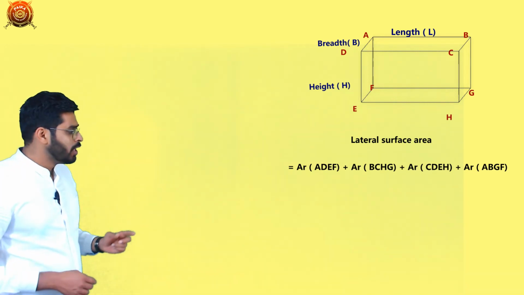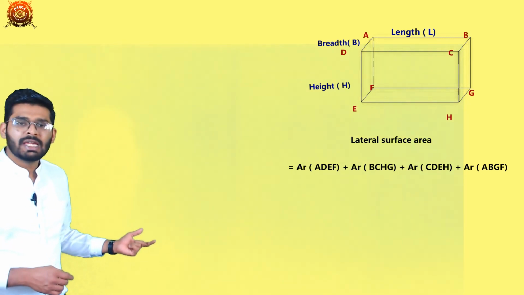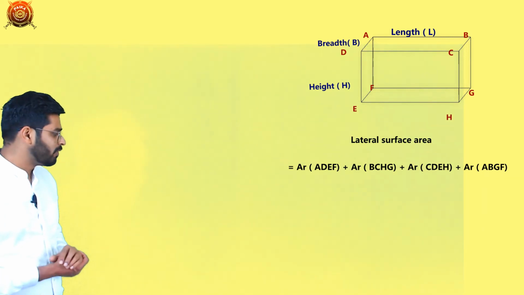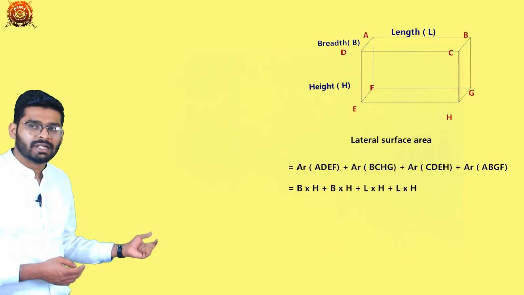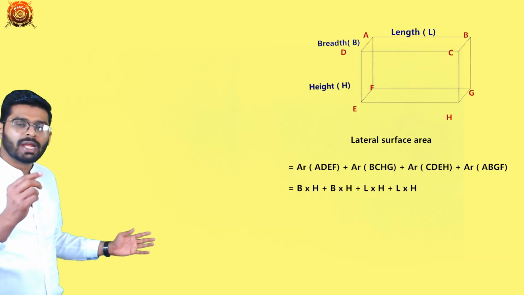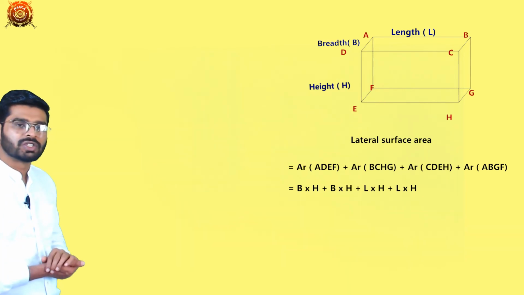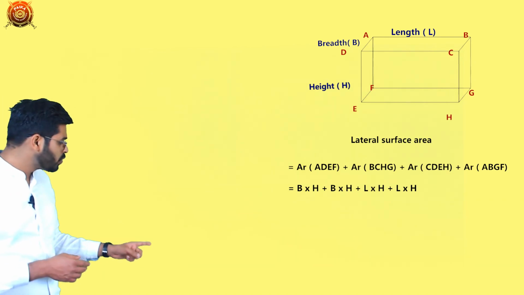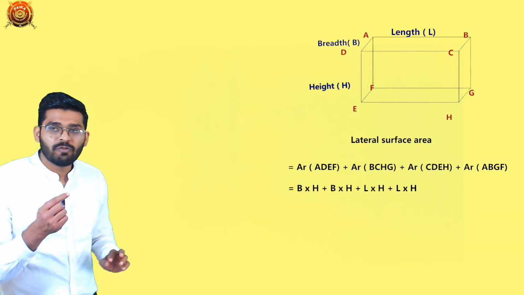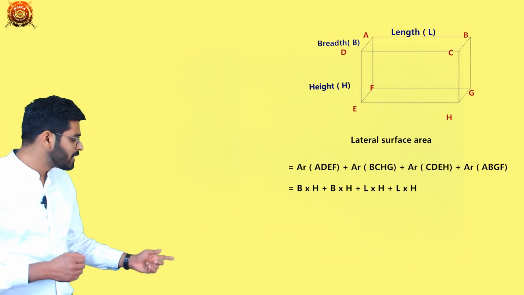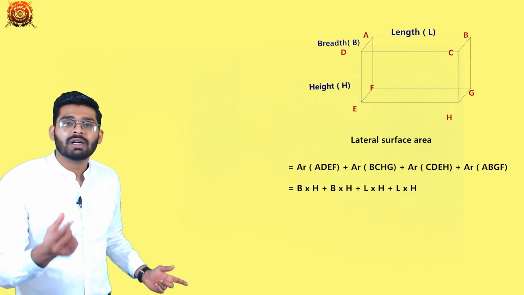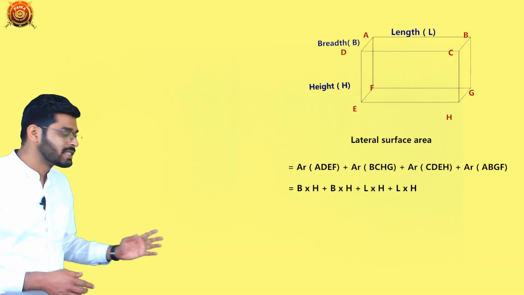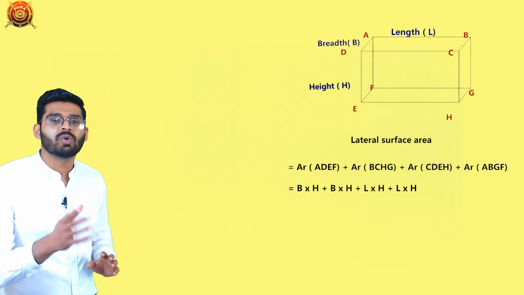Now students, if we find out the area of ADEF, AD is the breadth and DE is the height, so your area will be B into H plus. Now if you have to find out the area of BCHG, you can see that BC is the breadth and CH is the height, so area will be breadth into height.